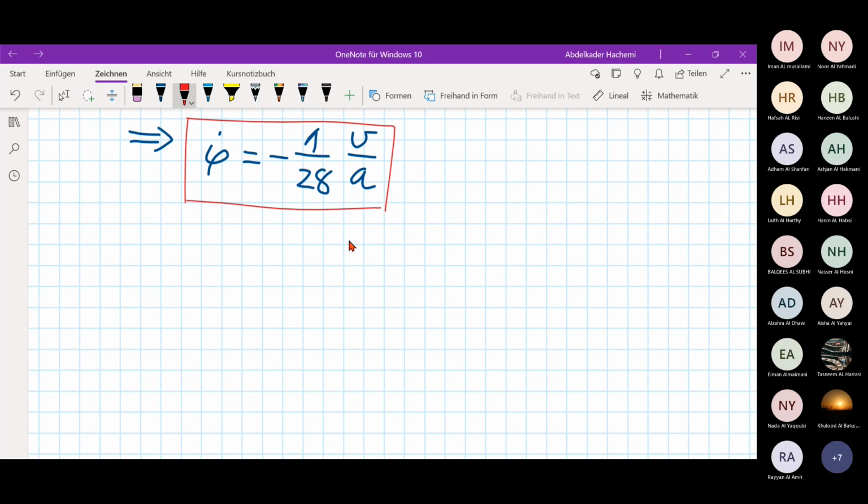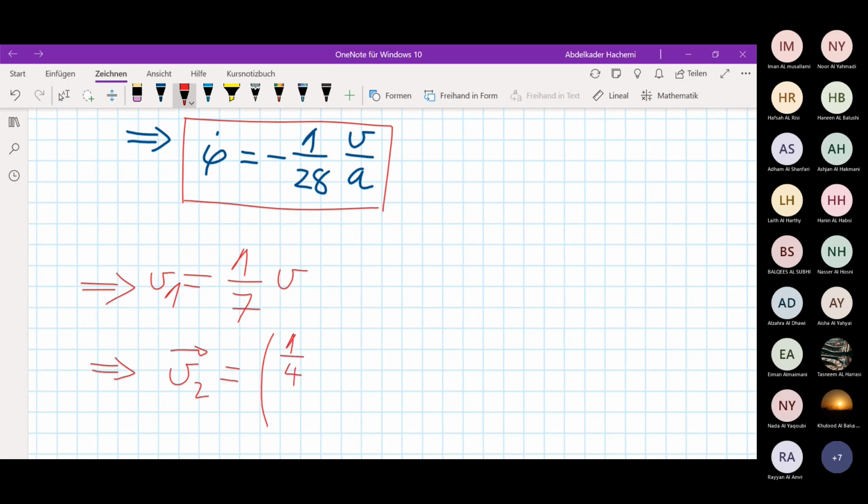We get here, let's say, V1 will be equal to 1 divided by 7 V, and V2 will be 1 divided by 4 V, 1 divided by 28 V, and 0.